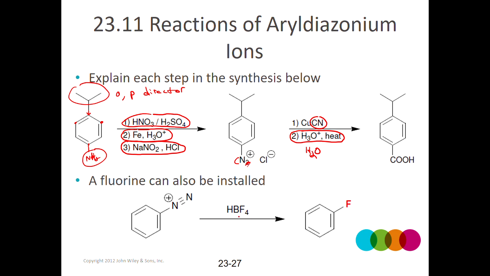So now we have a way of putting a fluoride on a ring. So if you ever see a fluoride coming into the structure, you can be pretty confident that it went through this diazonium salt, and this delivers a fluoride ion pretty readily to act as a nucleophile and to replace that leaving group.